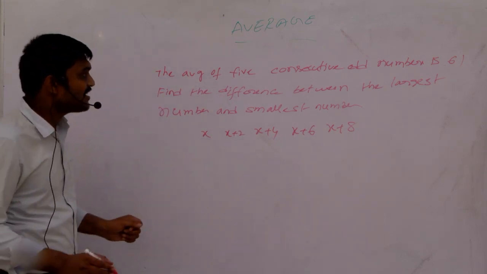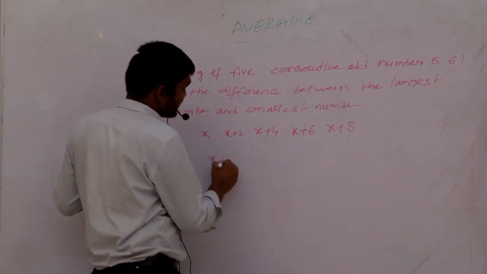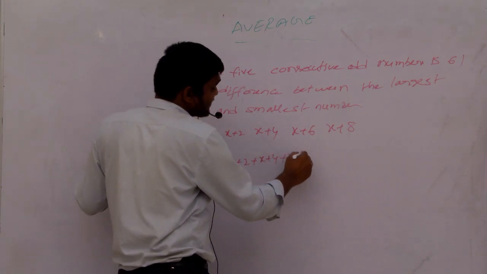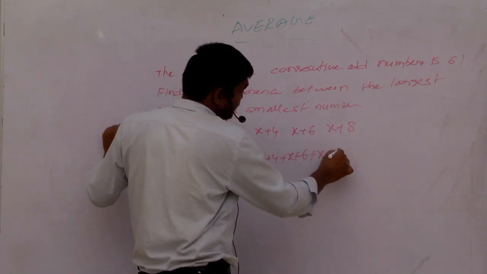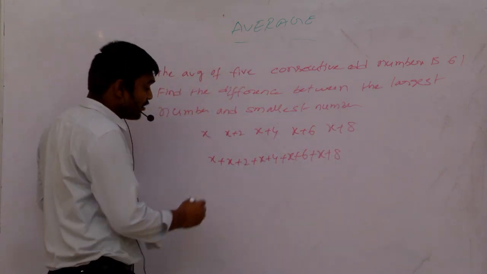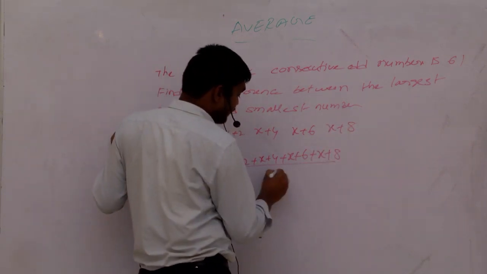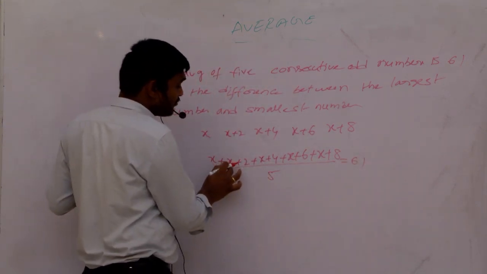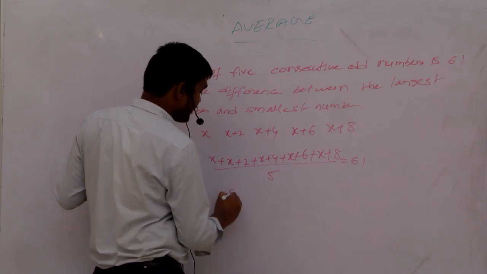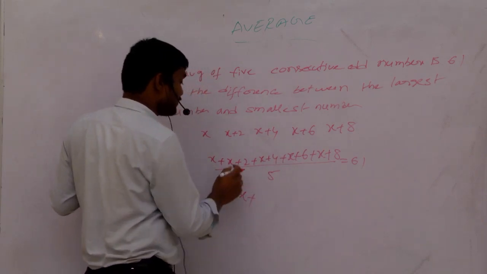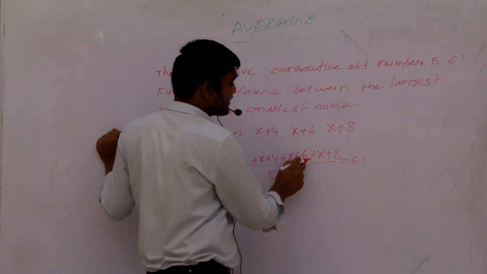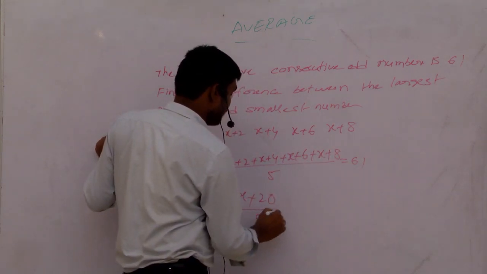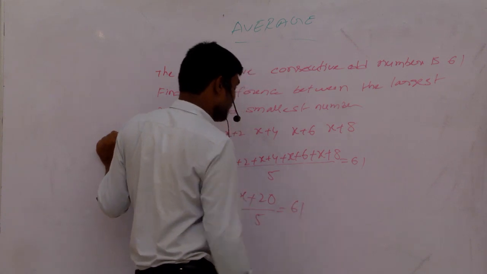So here the average is x plus x plus 2 plus x plus 4 plus x plus 6 plus x plus 8, divided by 5, equal to 61. So 5x plus 2 plus 4 is 6, 6 plus 6 is 12, 12 plus 8 is 20, by 5 equal to 61.